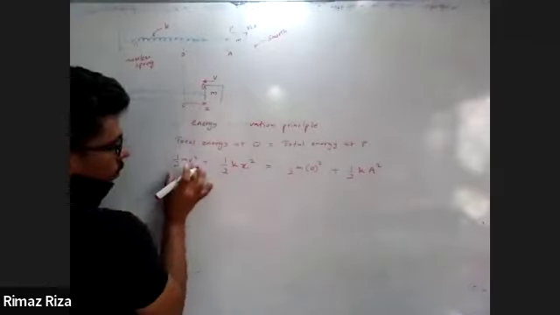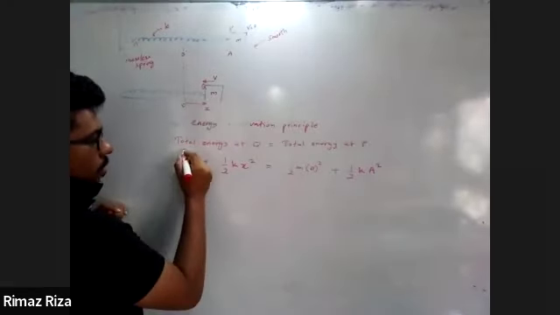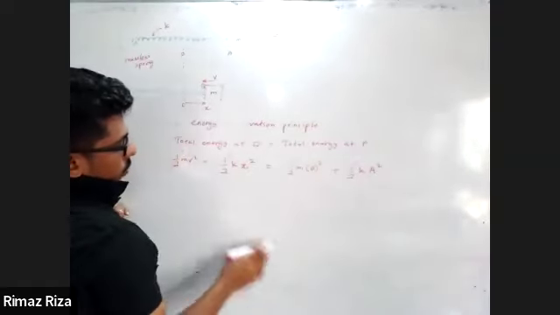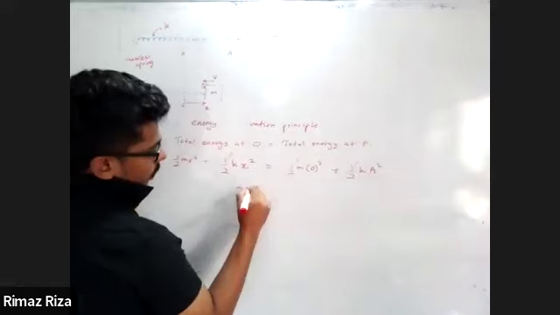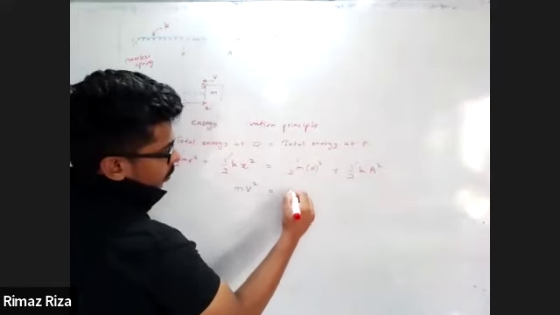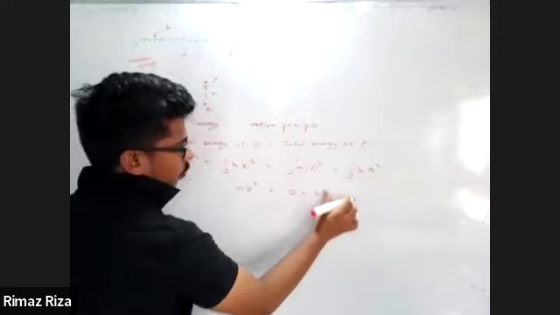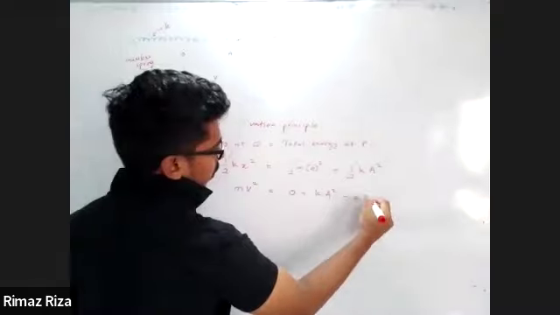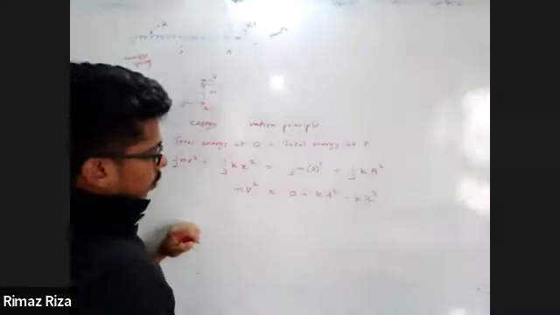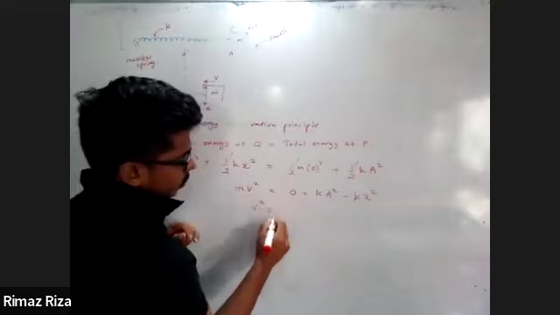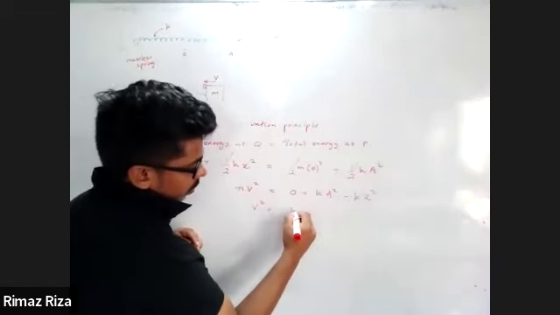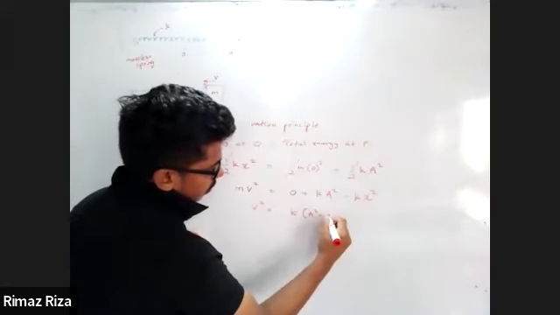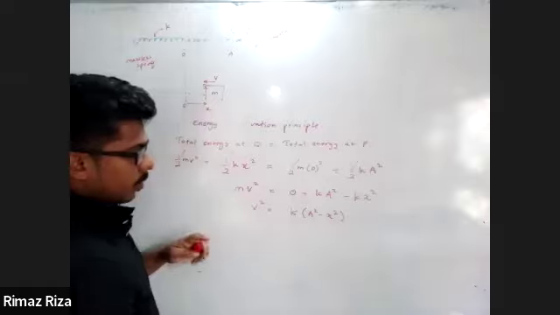Then we multiply this by 2, so we have m v squared equals 0 plus k a squared, and take this to the side, minus k x squared. So then v squared equals, k is common, I take out k, times a squared minus x squared.